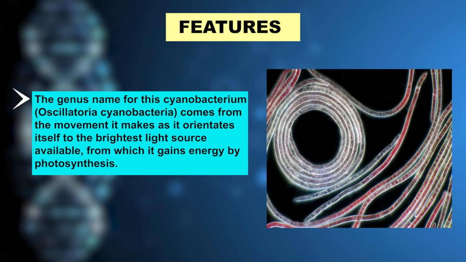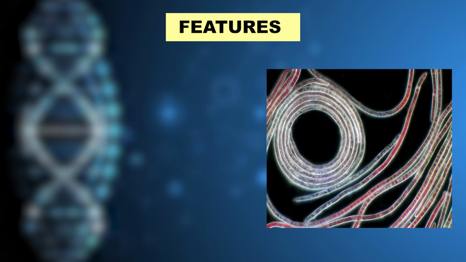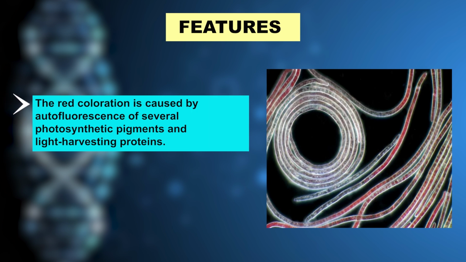The genus name for this cyanobacterium, also known as Oscillatoria, comes from the movement it makes as it orients itself to the brightest light source available, from which it gains energy by the process of photosynthesis. The red coloration, as you can see in this pictorial representation of the cyanobacterium, is because of the autofluorescence of several photosynthetic pigments and light harvesting proteins.